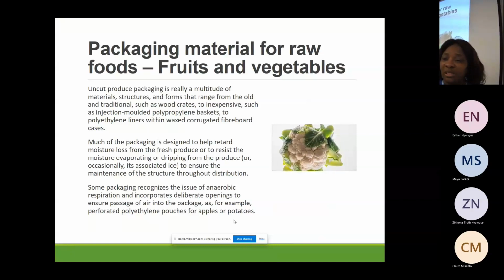So for example, cauliflower and broccoli are picked and put in those crates, but they are already lined with chemicals that can reduce the growth of microbes and reduce cross contamination between the crates and the produce itself.